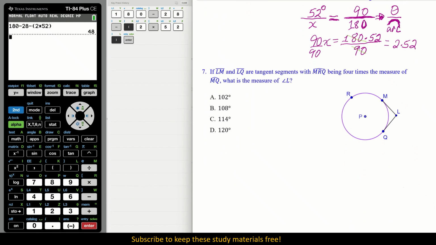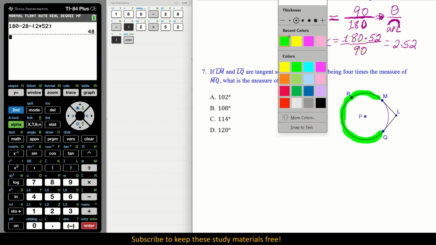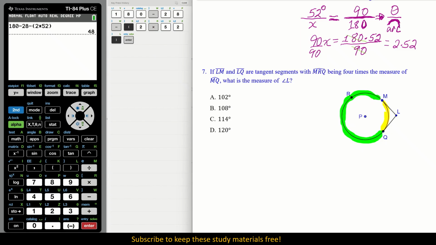All right, so let's look at number 7. What do we got going on here? If LM and LQ, segment LM and LQ, are tangent segments to the arc of MR to Q, that's where your tangency is, being 4 times the measure of, let's use our yellow, of this one.